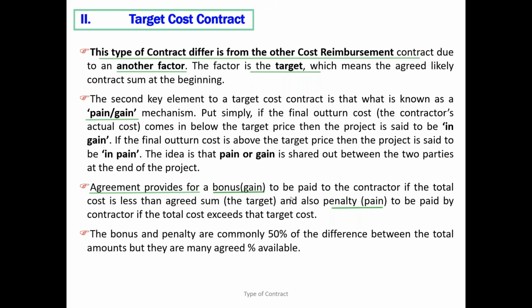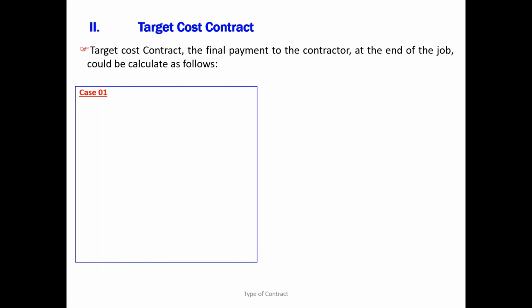So with that understanding, let us understand how the target cost works. Let's see this calculation. Target cost was $60,000, okay? And penalty or bonus 50%. So what is the target cost? 60,000.